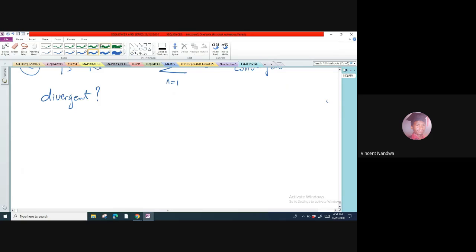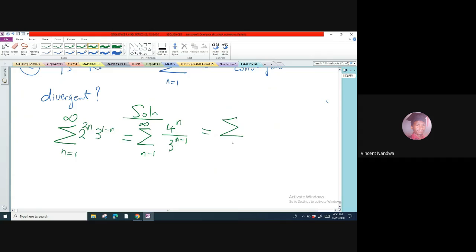So solution to this one, you realize that the summation n from 1 to infinity of 2 power 2n times 3 raised to 1 minus n is the same as the summation n from 1 to infinity of 4 power n over 3 power n minus 1, which is the same thing as the summation of 4 times 4 over 3 raised to power n minus 1.